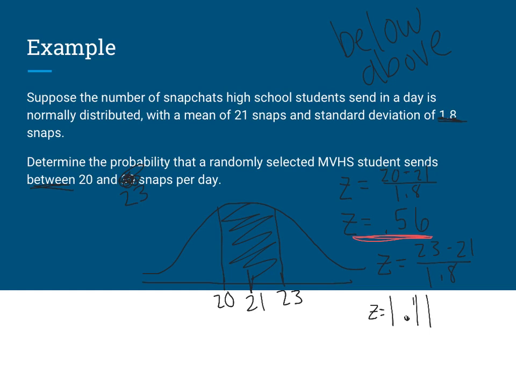So if you imagine, when I look up this z-score, it's going to tell me the data that's below 20. Not exactly what I need, but that's okay. So let's look that up in our Z table first. 0.56. And technically, I believe it should be negative 0.56, because 20 minus 21 was negative 1.